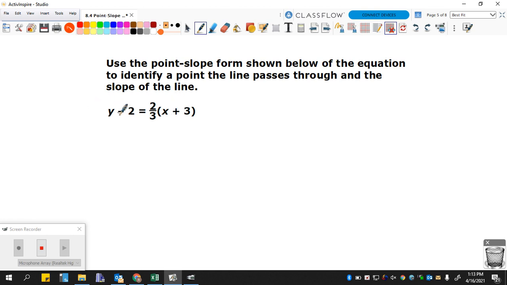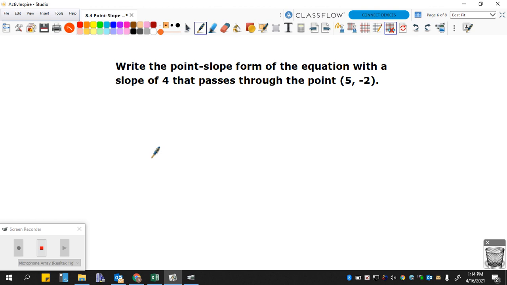We have a minus here and a plus here. So remember, we can look at that plus as being minus a negative 3. So our point is negative 3 and 2. If this over here was a plus, then that would have been a negative 2, but it's not. And our slope is 2/3, okay?